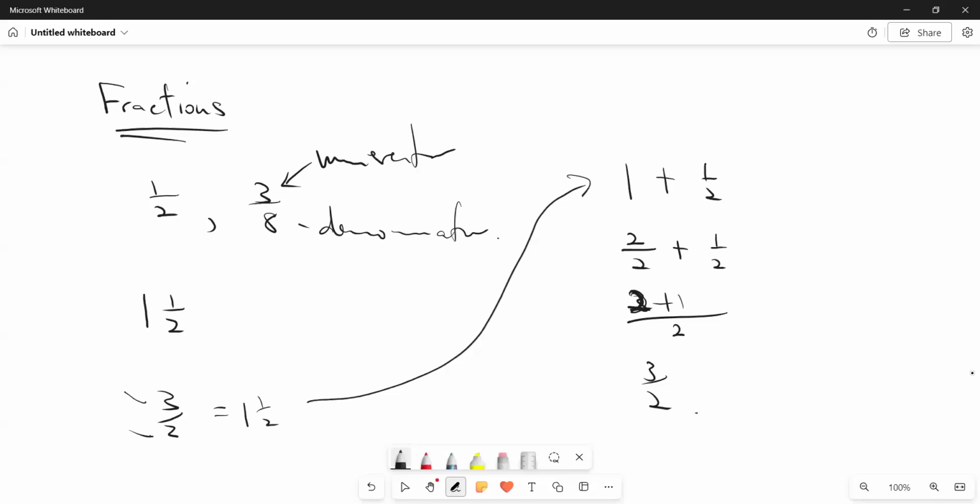To make it back into a mixed number, 3 divided by 2 will give you 1, and 1 is the remainder. You put that over the divisor 2. Are you remembering all this stuff from maybe your primary school? What do you say? Yes, sir. Great.